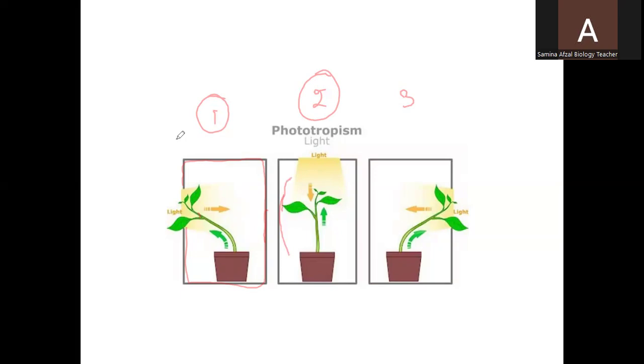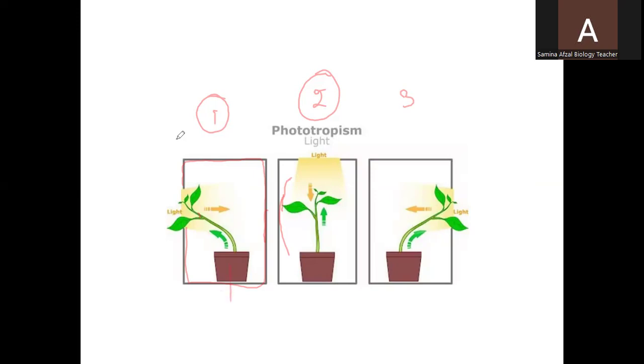And in the third diagram, the light is coming from the right side, and the other side is covered with a barrier. So the shoot is turning or bending towards the right side. In all three cases, wherever the light is, the shoot will move towards the light, whether it is bending to the right side or the left side.